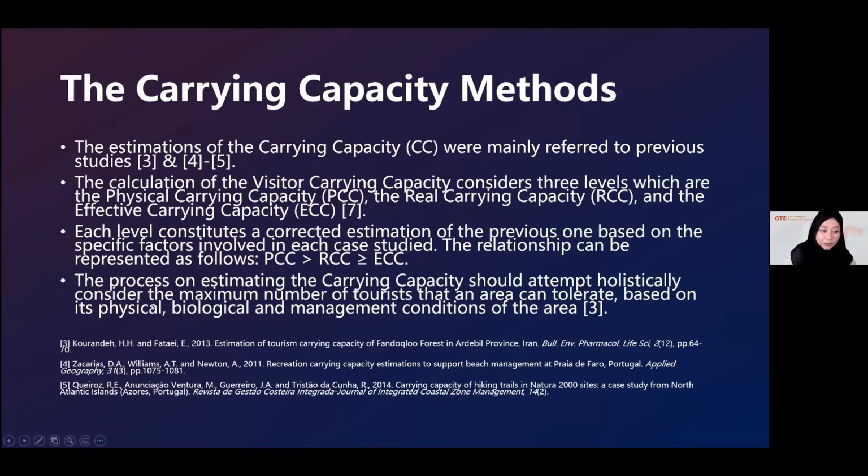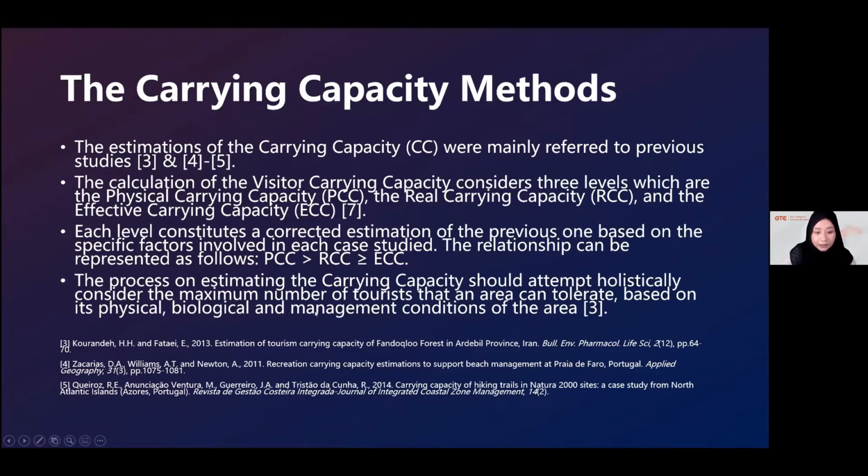So first, we need to ensure that we have the bigger number by having the physical calculation, the physical spatial area. This one is biological, like rain, because Malaysia has many rainy days, and it will also impact the soil.